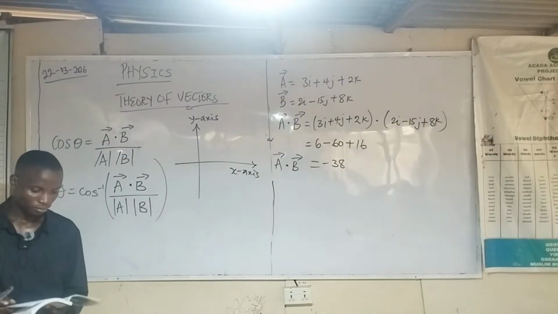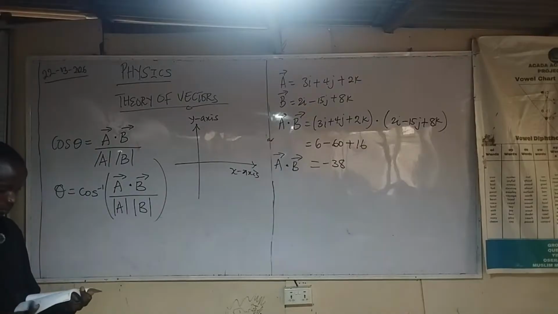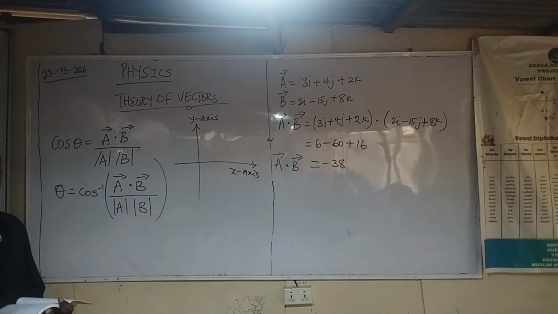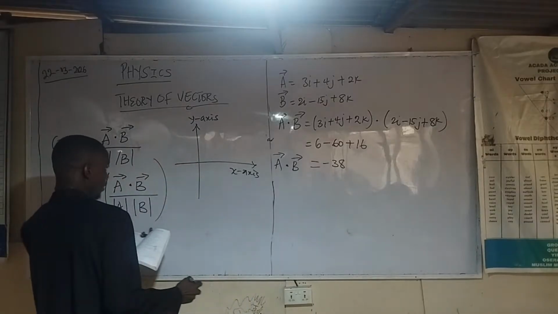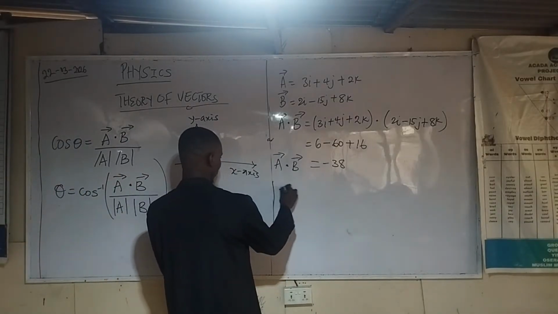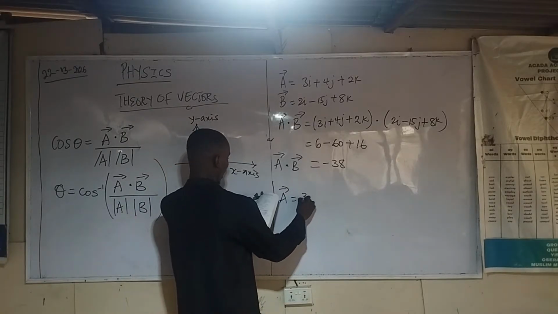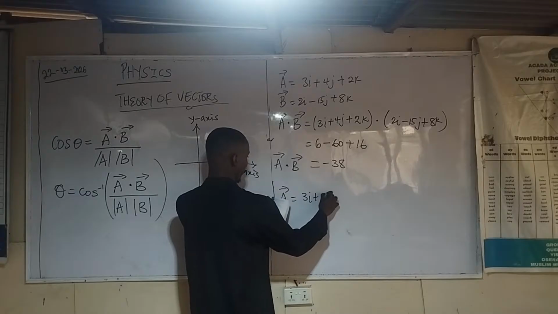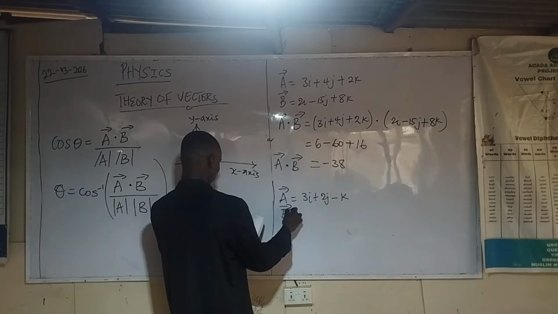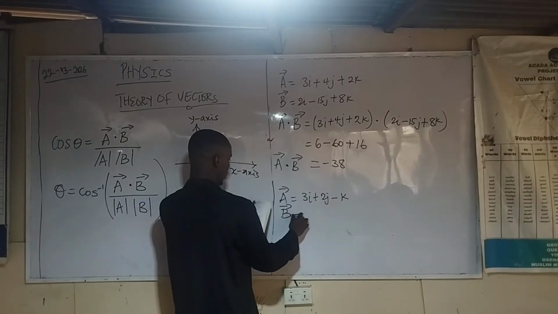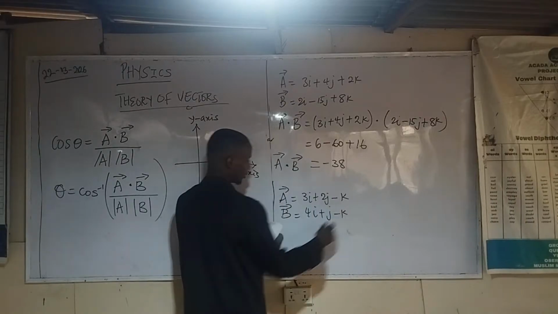Find the angle between vector A, which is 3i plus 2j minus k, and vector B, which is equal to 4i plus j minus k.